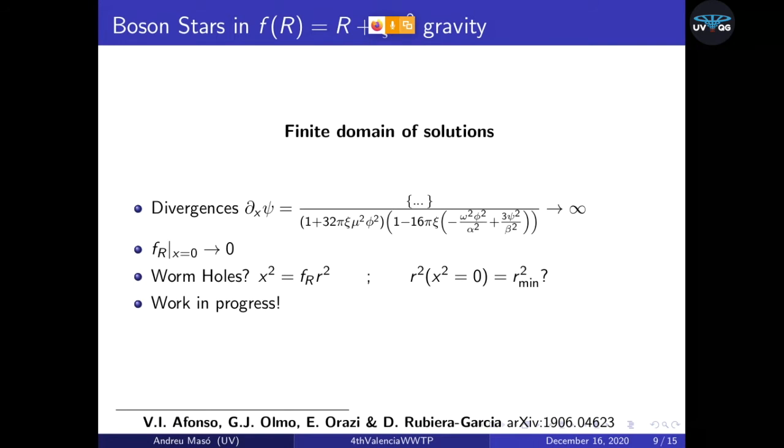Then r squared could be free to have a non-zero minimum. This will mean that the area of the two-spheres in the f of r frame shrinks to a minimum and then grows again. This kind of behavior has been studied also for static massless scalar field configurations in some works by Afonso, Olmo and Andreu Garcia. However, further work has to be done to be completely sure about what is happening here, and it's a work still in progress.